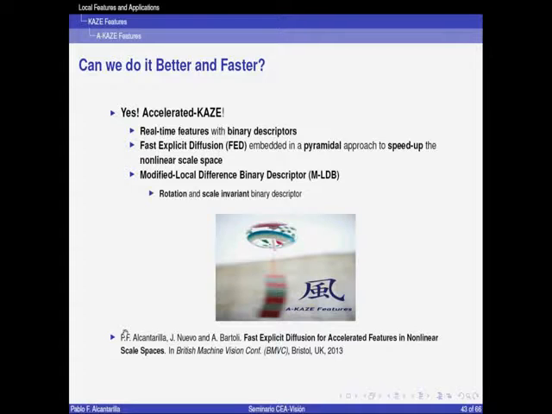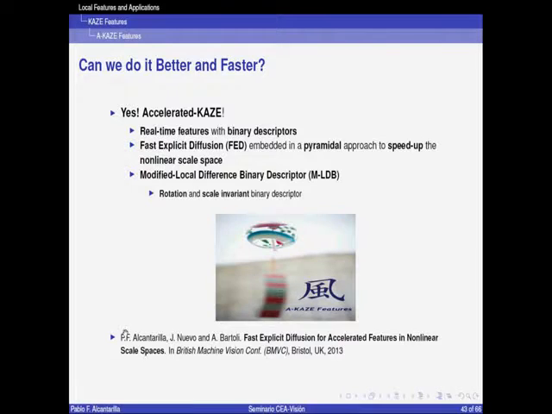And the second idea was to introduce a novel modified local difference binary descriptor, or MLDB. This descriptor is inspired by the LDB descriptor that we have seen before, but MLDB is rotation and scale invariant, and also exploits the information of the intensity and gradient from the nonlinear scale space.